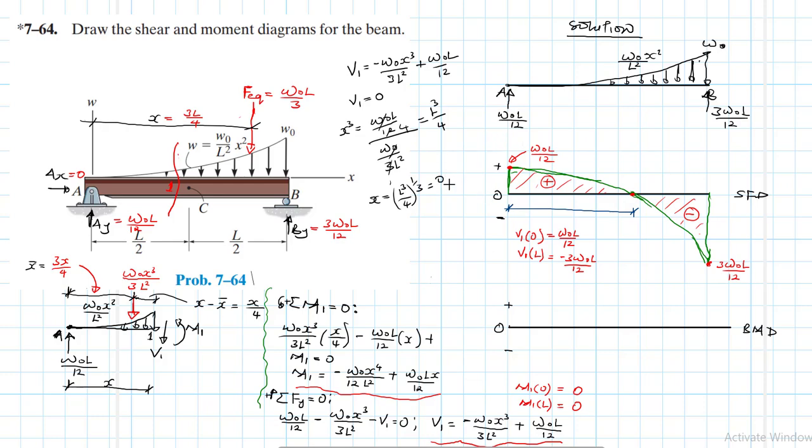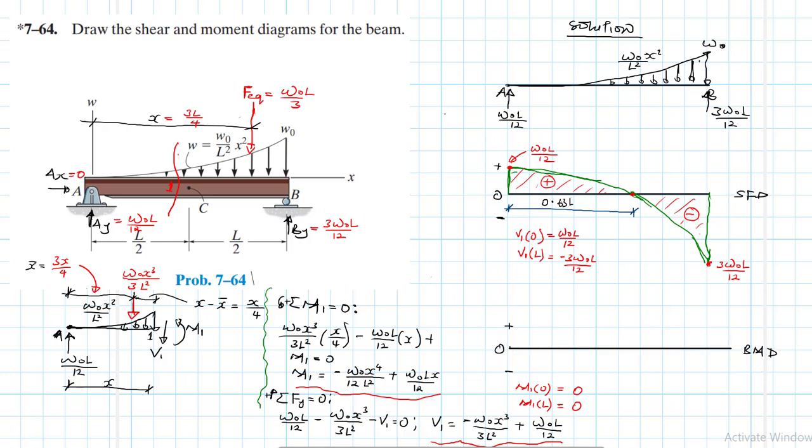This is 0.63 L. Alright, so this is 0.63 L. So now let's do the plot. So we expect this to be something like, there we go. This looks better and a bit clean.